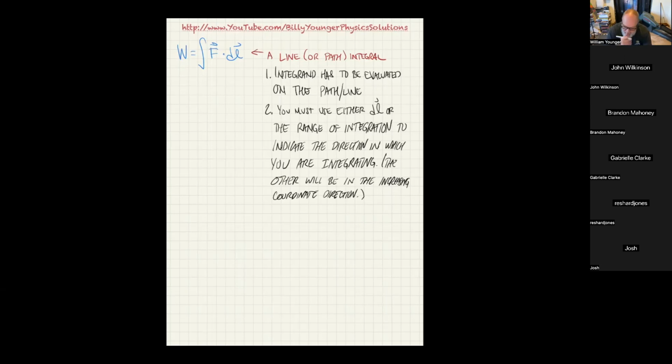That's what I mean. So, for example, let's say f is equal to 2x i hat plus, let's do 3y j hat. And let's say we're going to integrate. Here's my x-axis, here's my y-axis. And let's say I'm going to go from this point right here.